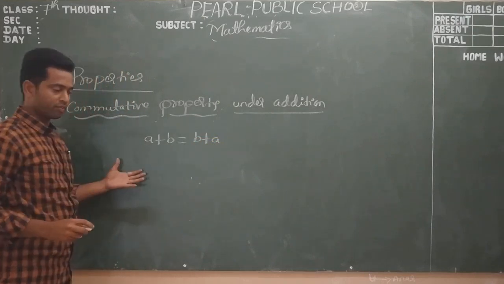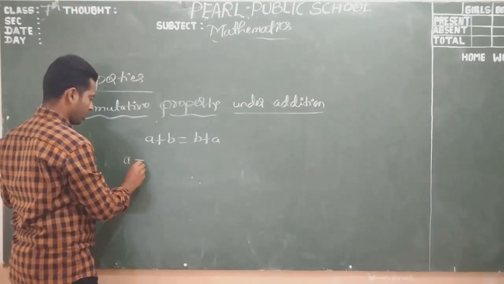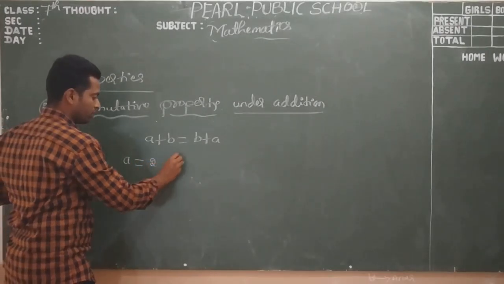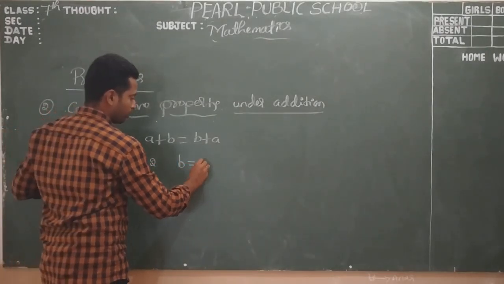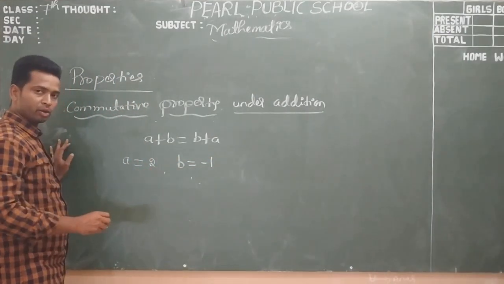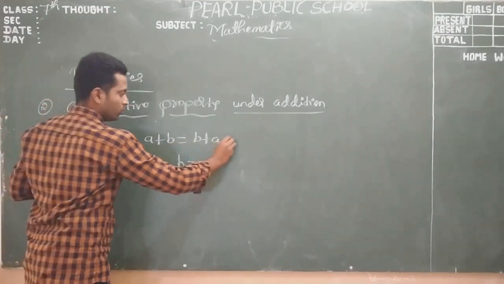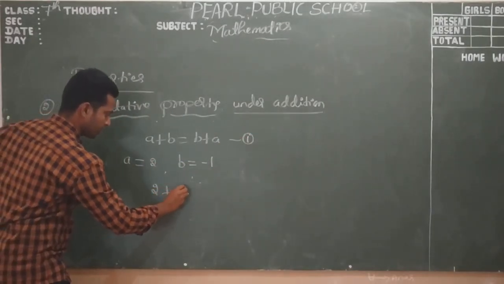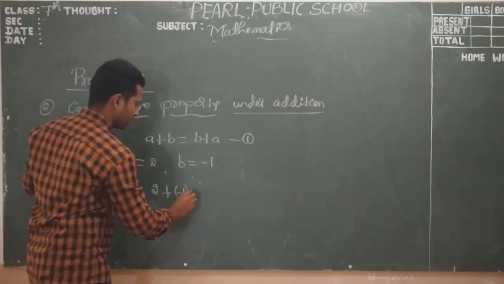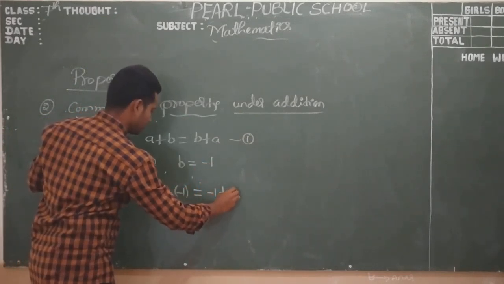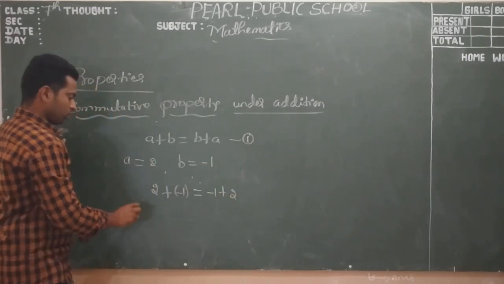Okay. Suppose I take a and b as two integers, a is 2 whereas b is minus 1. By substituting these values of a and b in the above equation, we get 2 plus minus 1 equals minus 1 plus 2. Okay.